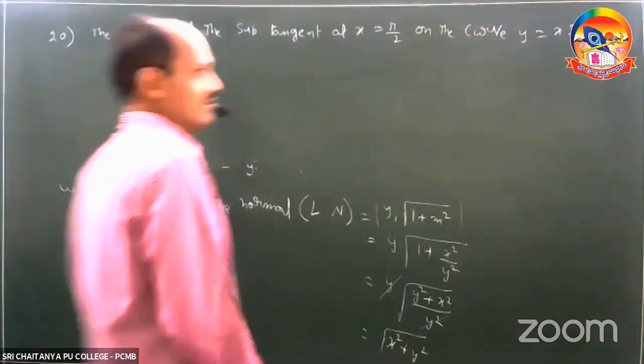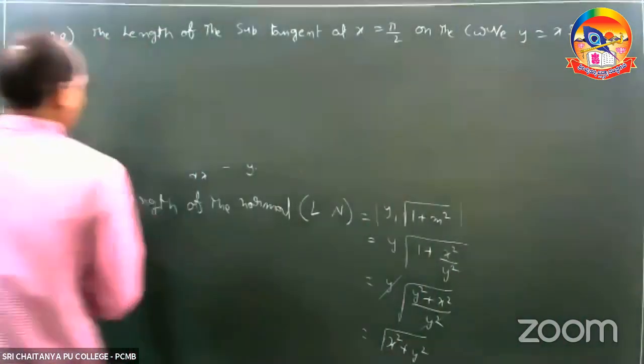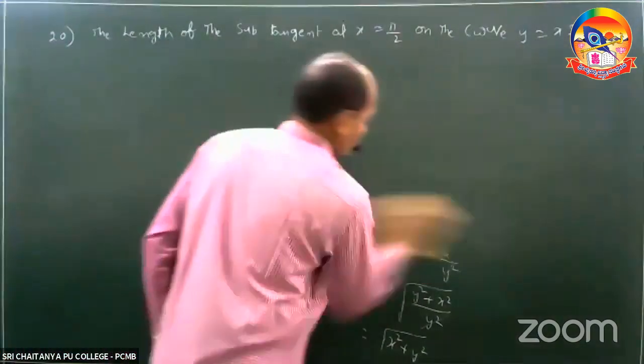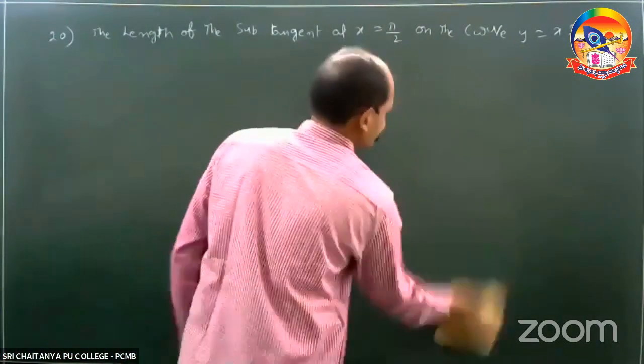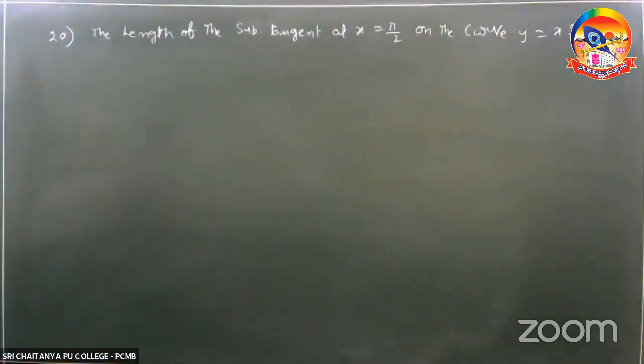Find the length of the subtangent at x is equal to pi by 2 on the curve y is equal to x sin x.